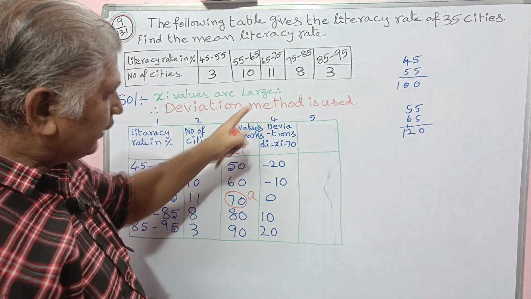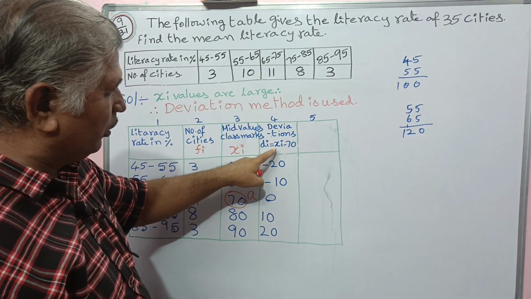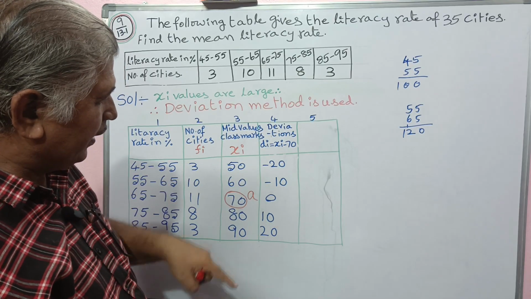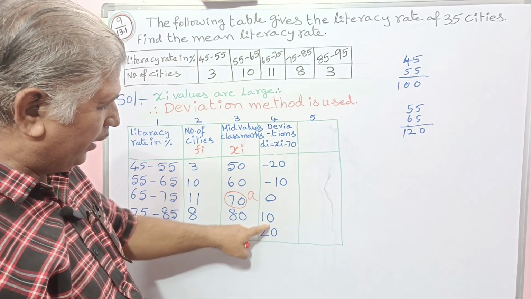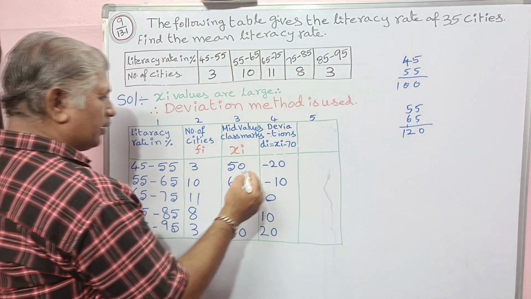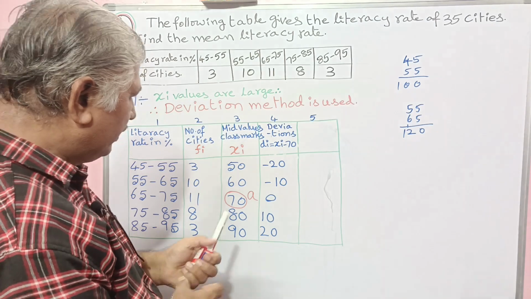So, the deviation values Di are minus 20, minus 10, 0, 10, 20.